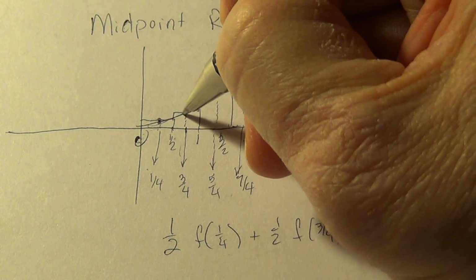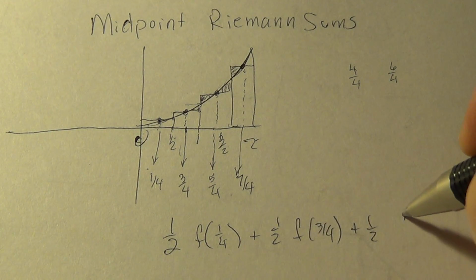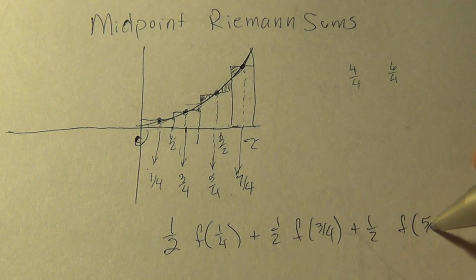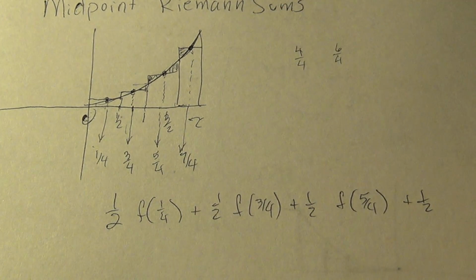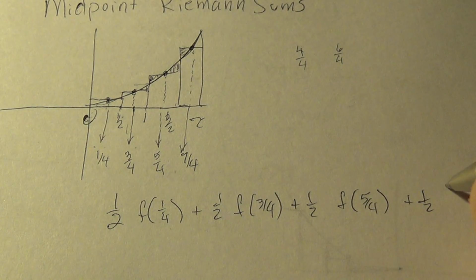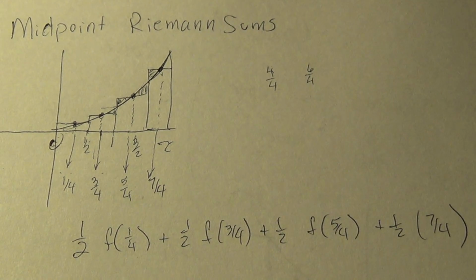That will get us the height right there. Plus 1/2 times the function evaluated at 5/4, and lastly 1/2 times the function evaluated at 7/4. So that's the midpoint Riemann sum.